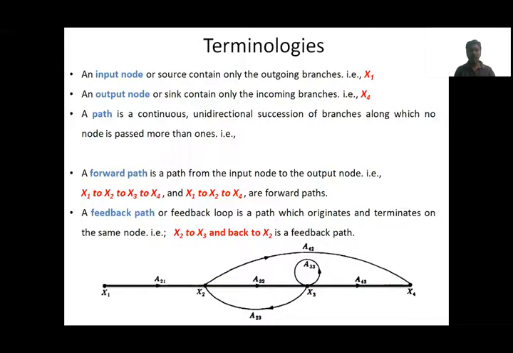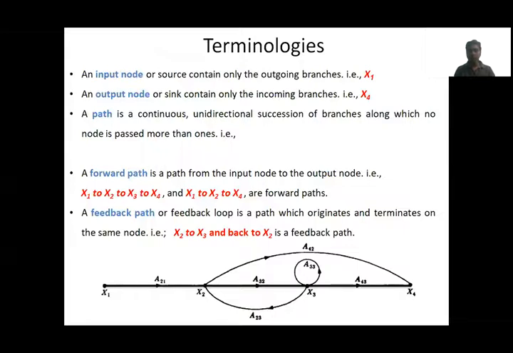Now come to the forward path. A forward path definitely should exist between input and output nodes. Here x1 to x4 is a path, and in the middle, x2 and x3 nodes occur.